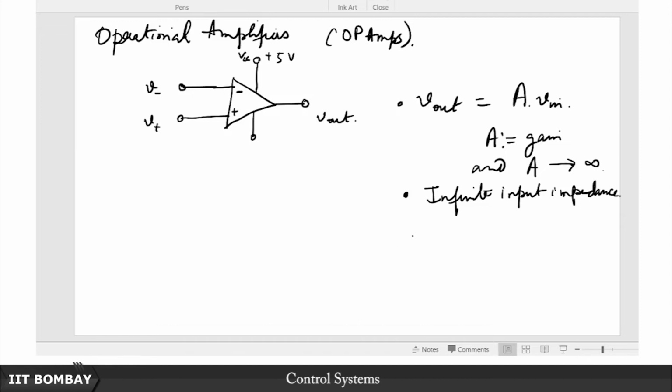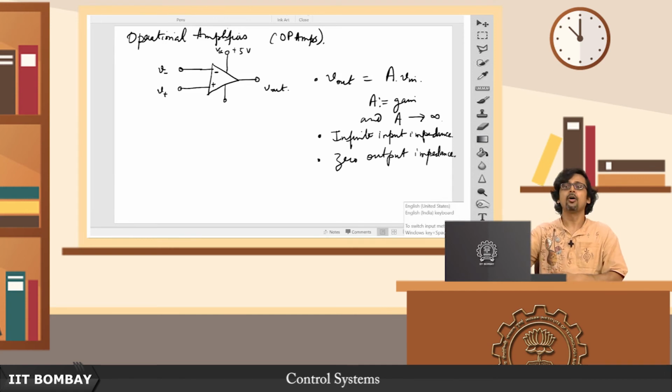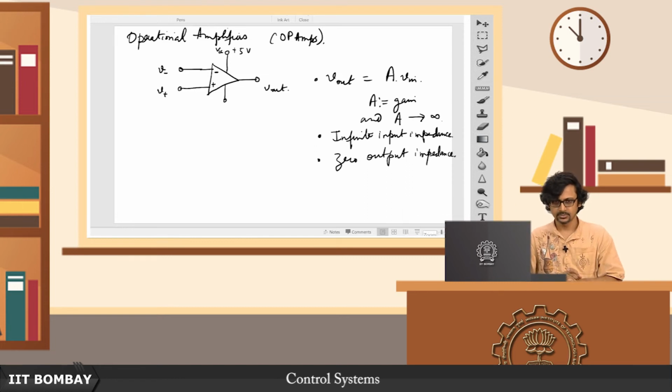The next idealization is that it has 0 output impedance. If it has 0 output impedance, it means it does not impede the flow of current out of it. So everything essentially gets passed around this operational amplifier.